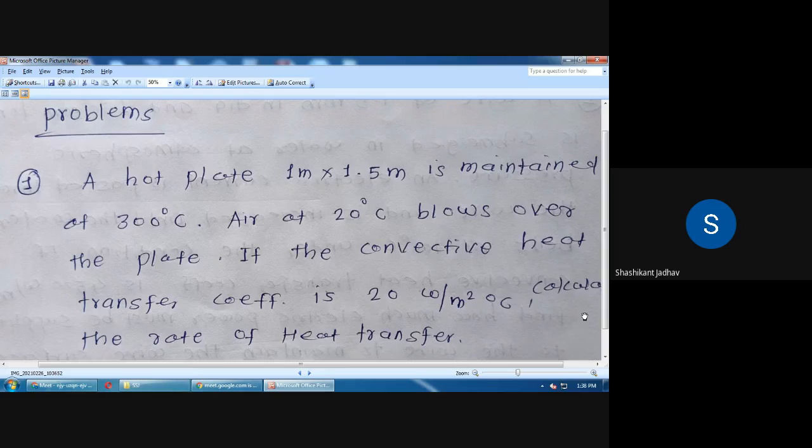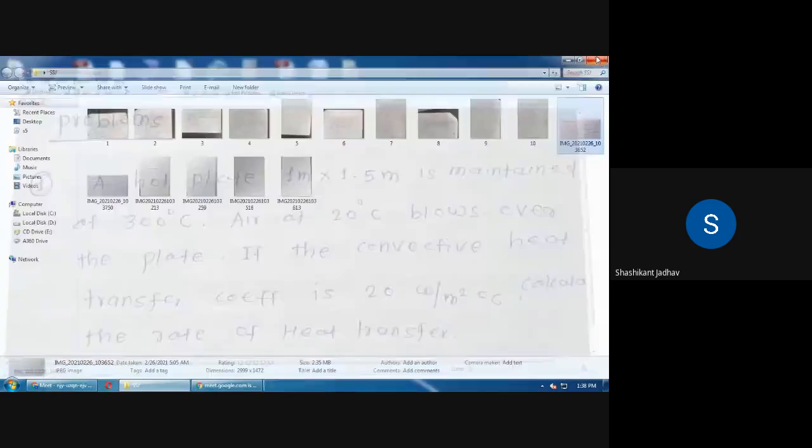We have to do the calculation, because we are giving simple problems. After that there are so many tough problems. First of all, you have to understand the simple problems. You have to change your mind towards heat transfer, so that you can easily understand the difficult problems. Okay, so it is a very simple problem.